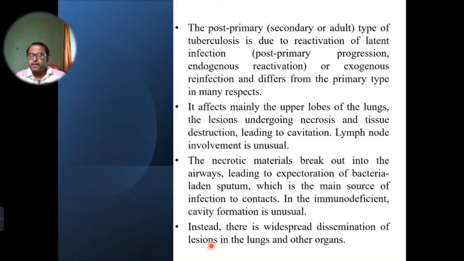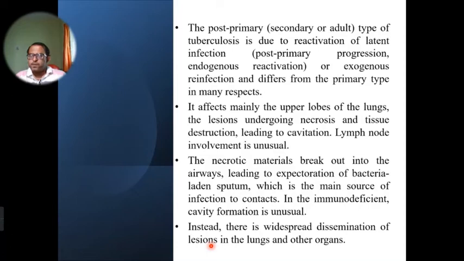After healing, these bacteria may get reactivated as latent infection, or there may be exogenous reinfection, where tuberculosis bacteria come from outside. It differs from the primary type in many aspects. This post-primary type of infection mainly affects the upper lobe of the lungs.